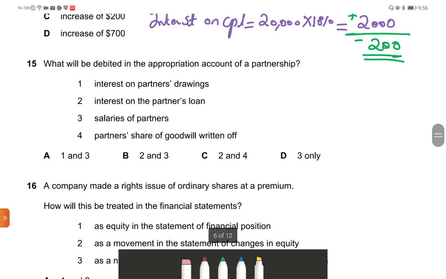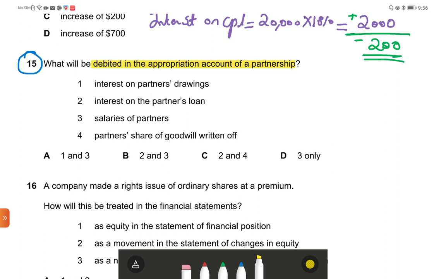Next, question number 15. What will be debited in the appropriation account of partnership? Profit and loss appropriation account of the partnership means the business firm prepares the profit and loss appropriation account in view of the transactions between the partners and the partnership firm.